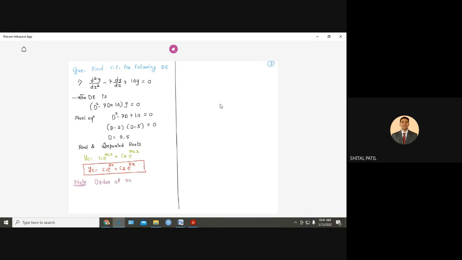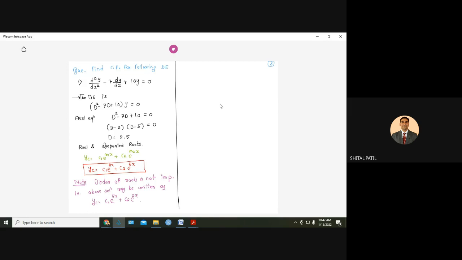Note: order of roots is not important. What is the meaning of this? That is, the above solution may be written as y of c equal to c1 e raised to 5x plus c2 e raised to 2x.